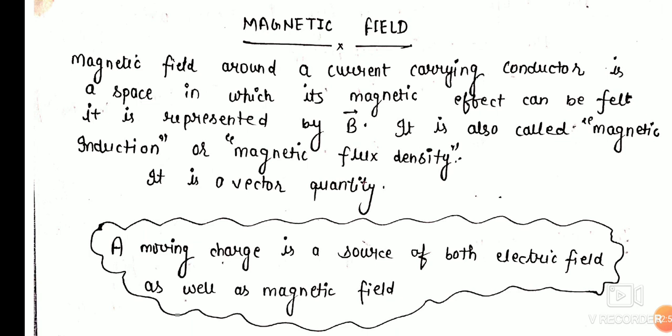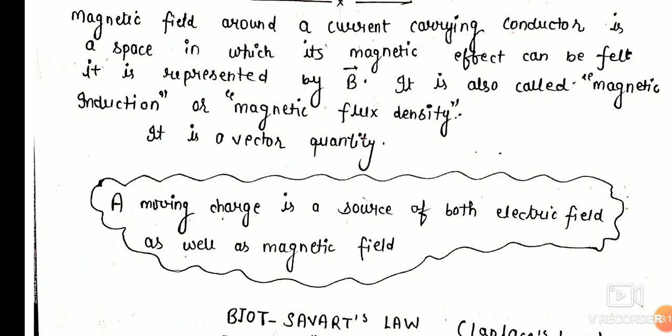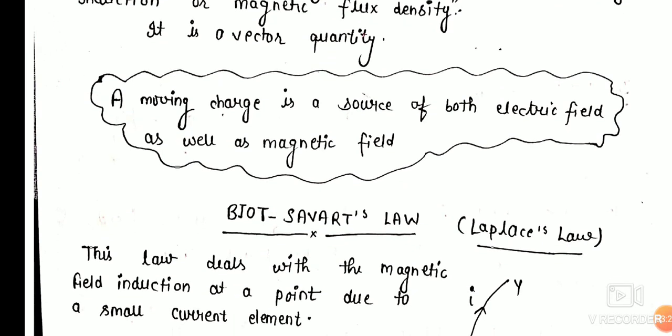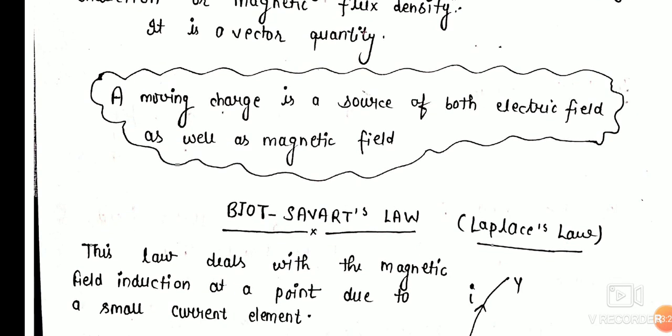So when a charge is moving, there is a magnetic field around it. That's why we can say that a current carrying conductor generates a magnetic field around it, because a moving charge creates a magnetic field, and we know that moving charge is called electricity.